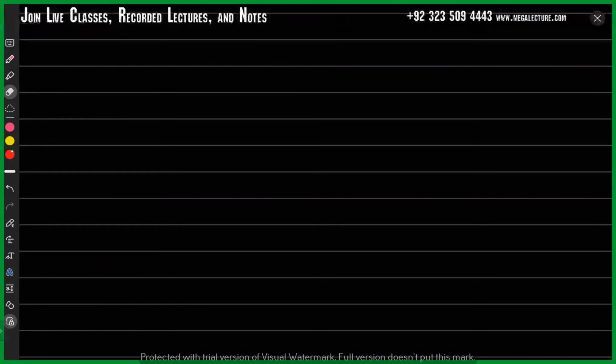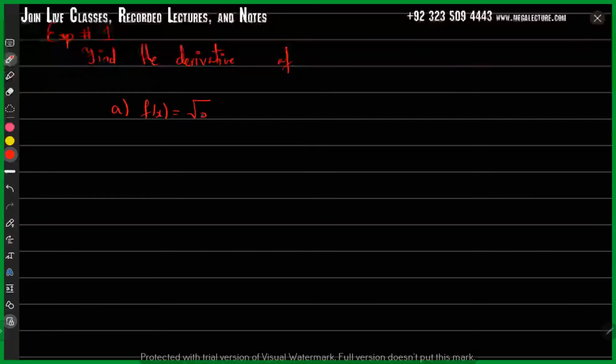Let's say that we have example number 1, and the question says find the derivative of, and part A says f of x is equal to root x, and part B says y is equal to 2. Okay, now I've just used the two most unique examples from the book.